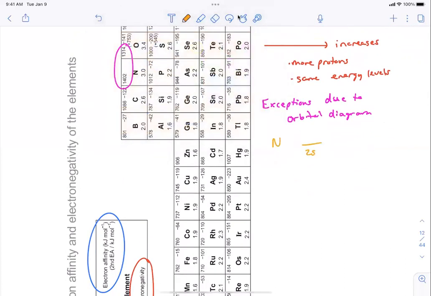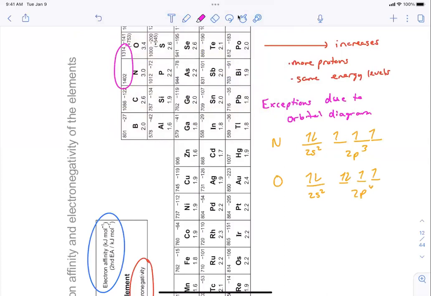Nitrogen is 2s2 2p3, and oxygen is 2s2 2p4. Okay. So in stability terms, which one has an easier time losing an electron? Oh, why, Sammy? Exactly.